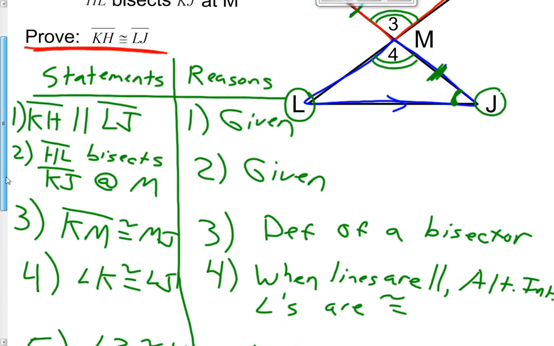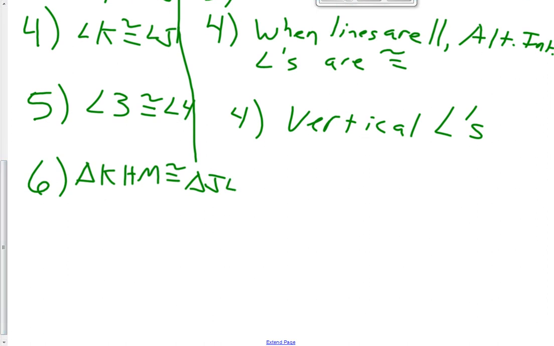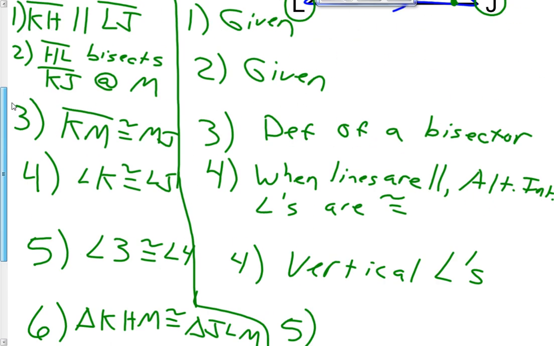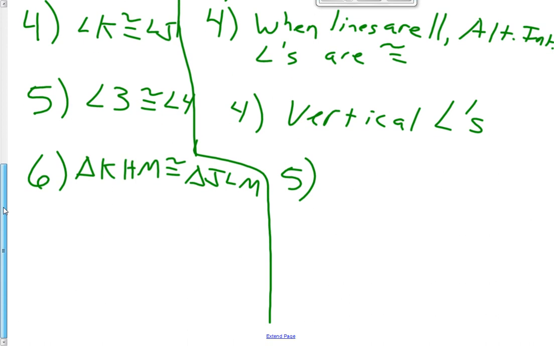So triangle JLM. And the reason why we can say that these two triangles are congruent is because we did angle, side, angle.